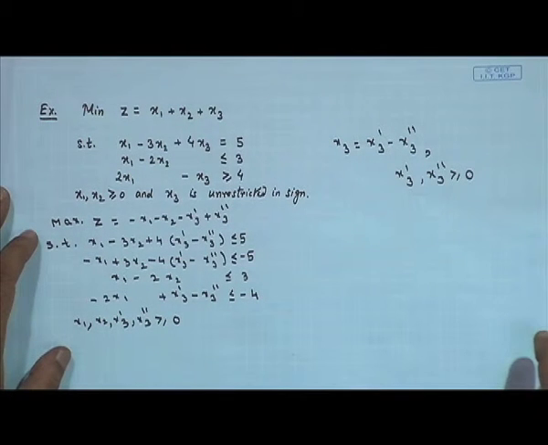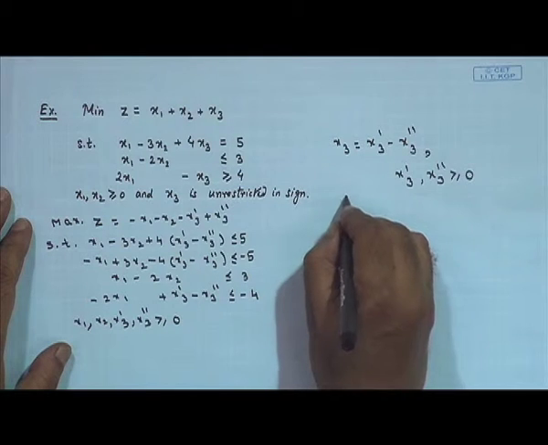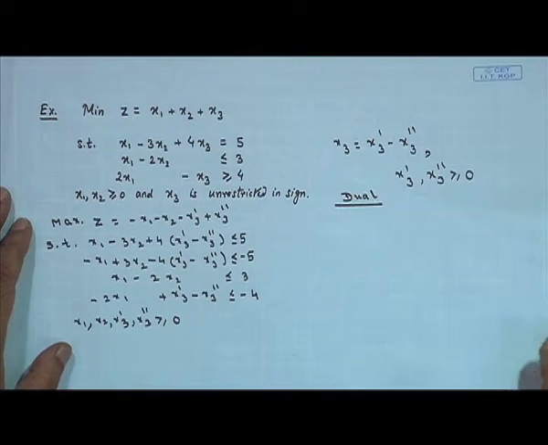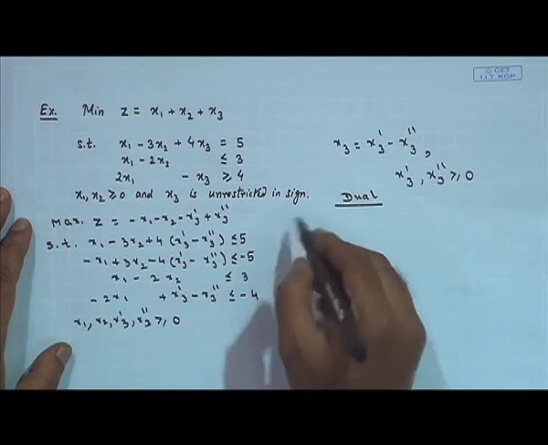Now, once I have converted it into the canonical form, I can write down the corresponding dual problem. So, what will be the dual of this? In the dual there will be how many variables? Since I have 4 constraints, there will be 4 variables.